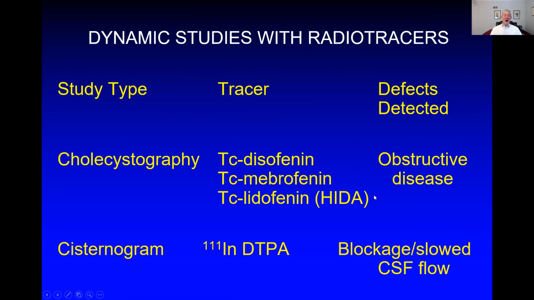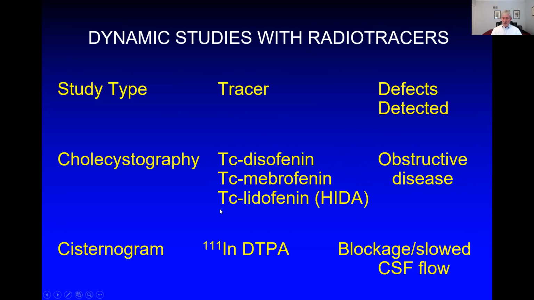People are still ordering Hida studies, and we all know what it means, but there's no way to do a Hida study because the drug is not available. These two are very equivalent in function, and they work very well, even up to a bilirubin level of above 20. Hida did not work above 8. So these are looking for obstructive disease and some other things that we'll take a look at next week.